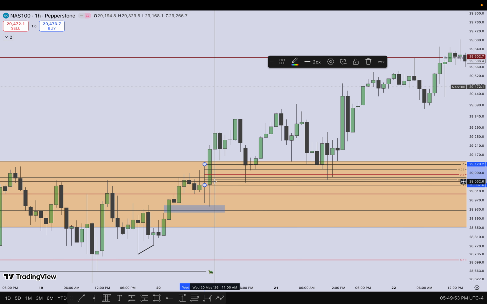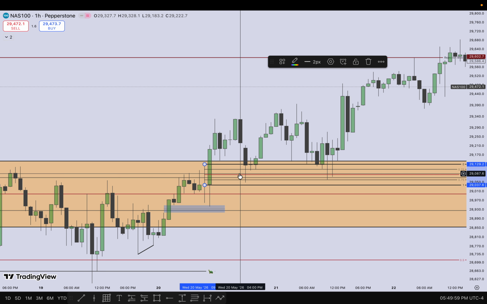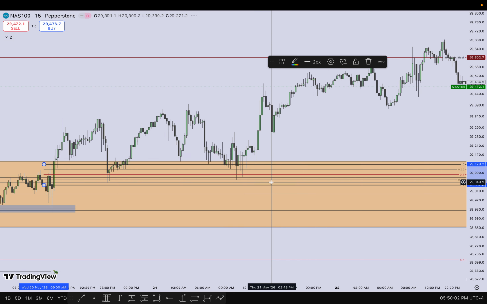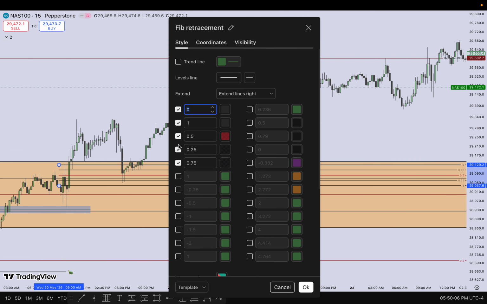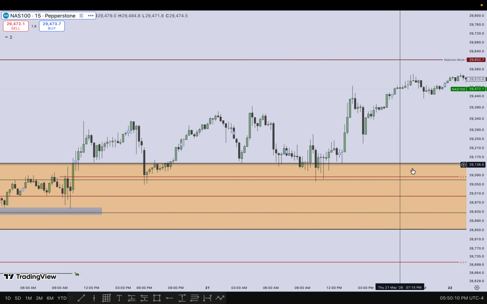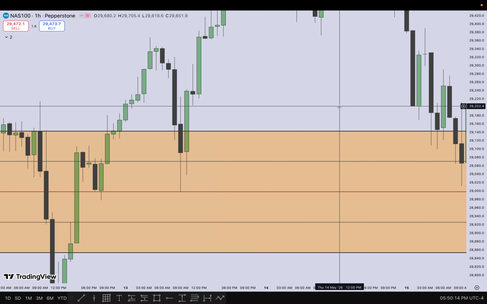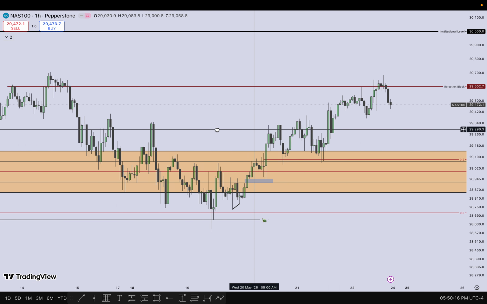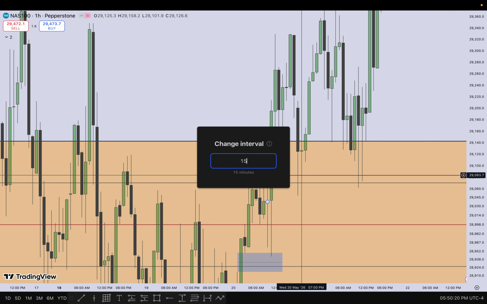You can also look at this, the price is respecting this wick's midpoint. Let me go into 50 minutes. If anyone says that this is random, I will definitely kick you out. You can see that the hourly wick midpoint is respected on the 50 minutes.